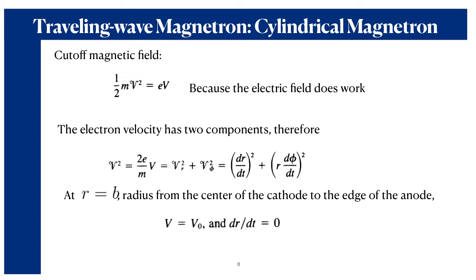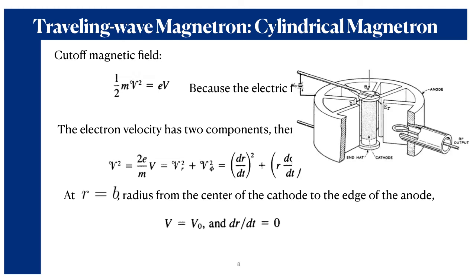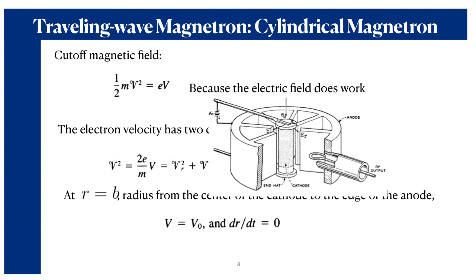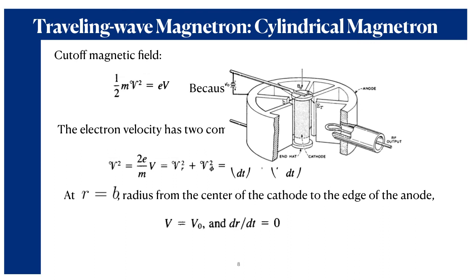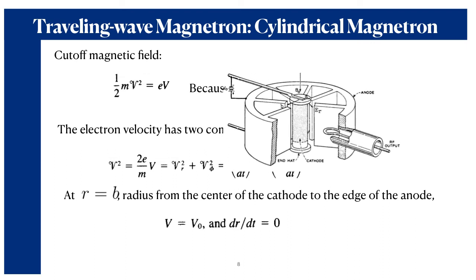if you apply another boundary condition, r equals b, where b is the radius from the center of the cathode, because again, if I refer to the same diagram over here, you can see b is the radius from the center of the cathode to the edge of the anode.